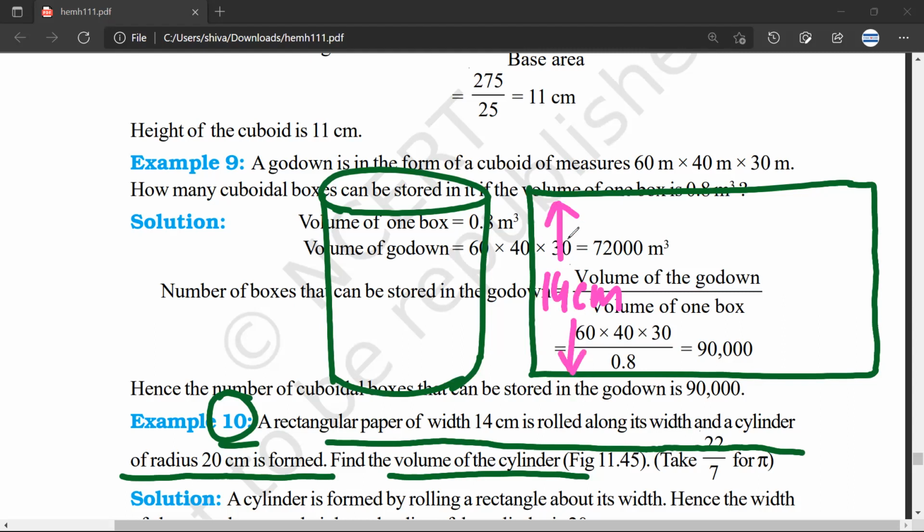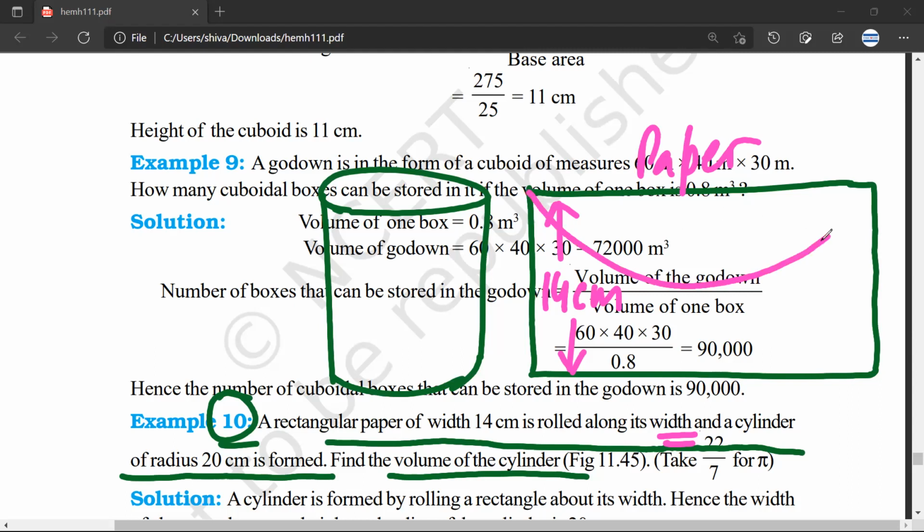So Mr. Sarthak, rectangular paper. So this is the paper that you have. Now this paper has a width of 14 centimeter. It is rolled along its width, and a cylinder of radius 20 centimeter is formed. So what you do is you turn this page like this.